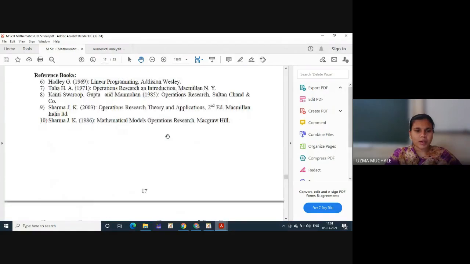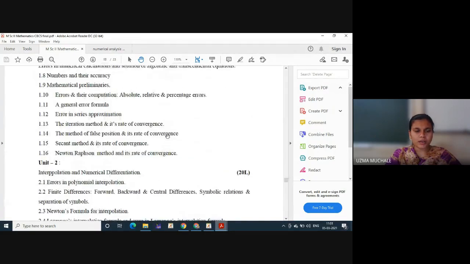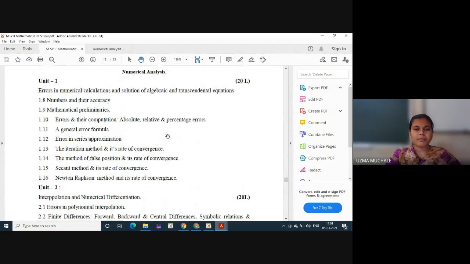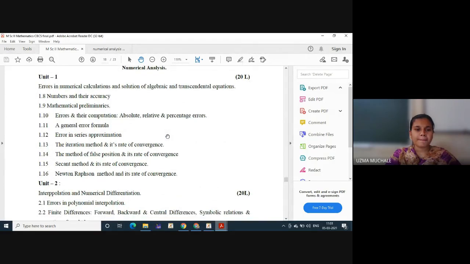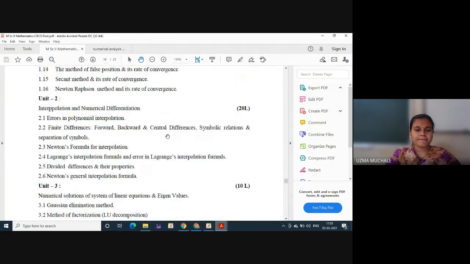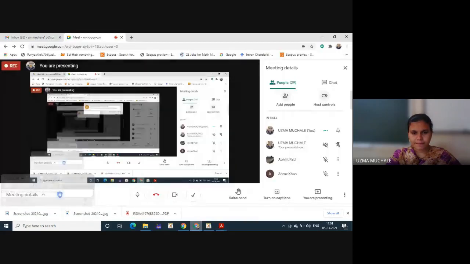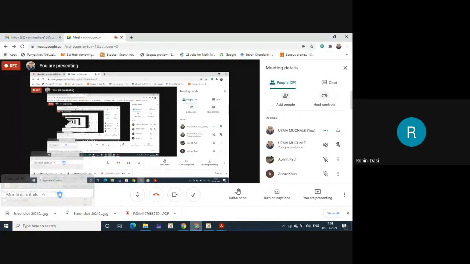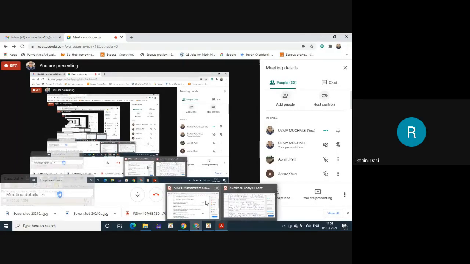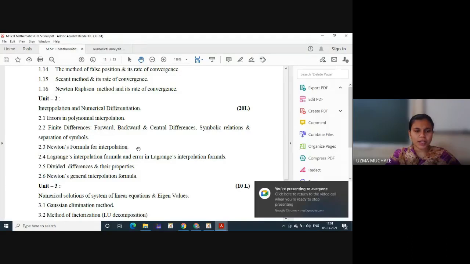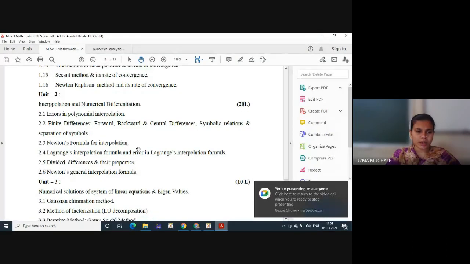Can anyone tell me how many of these points you have covered in your BSc? Interpolation was done, ma'am. Okay, interpolation, rather it is in 12th standard.